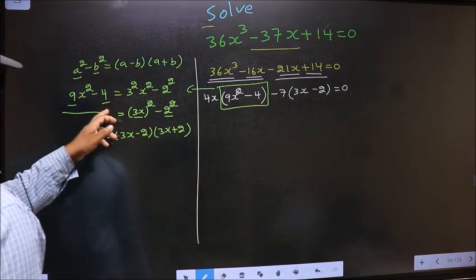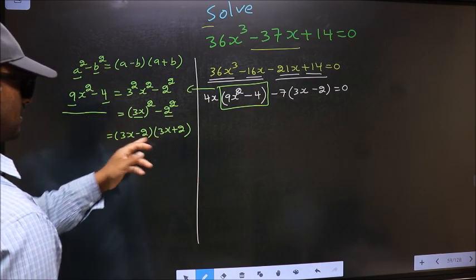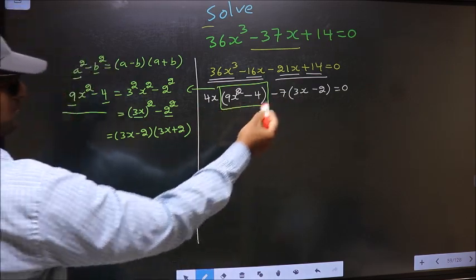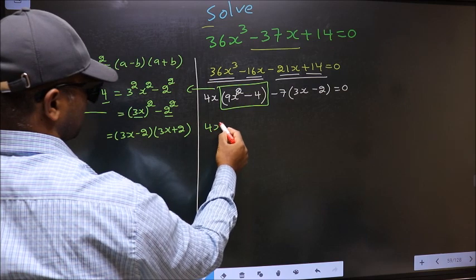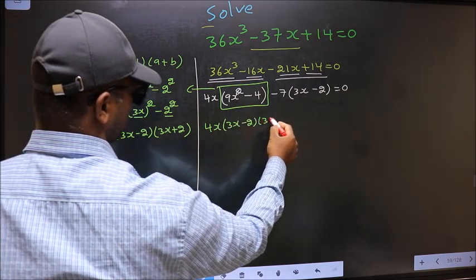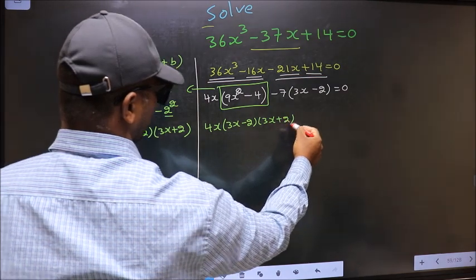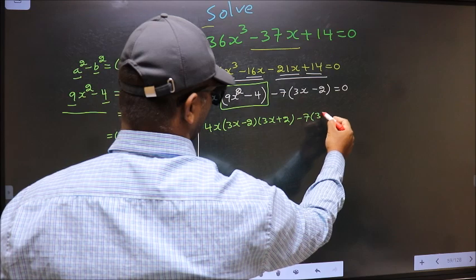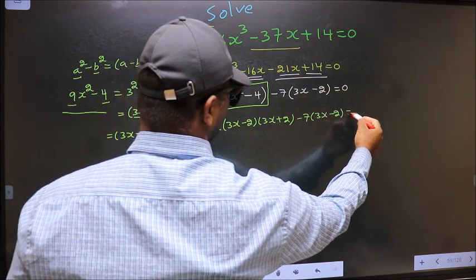Now in place of this quadratic we write this over here. So this equation becomes 4x, 3x minus 2, 3x plus 2, this no change, equal to 0.